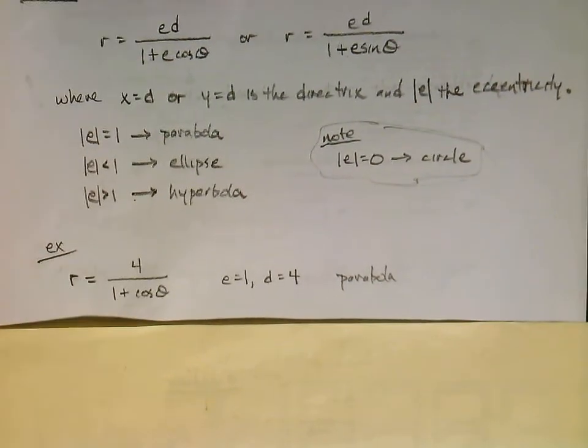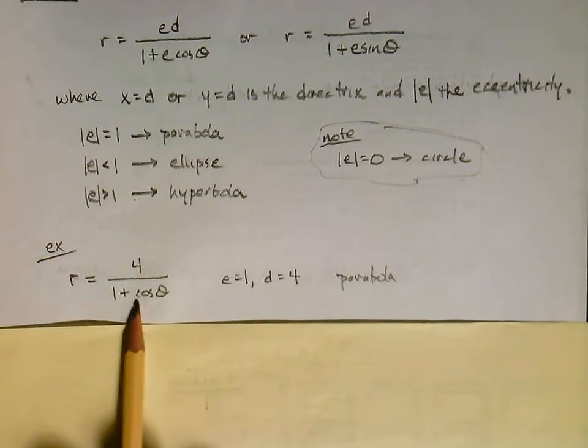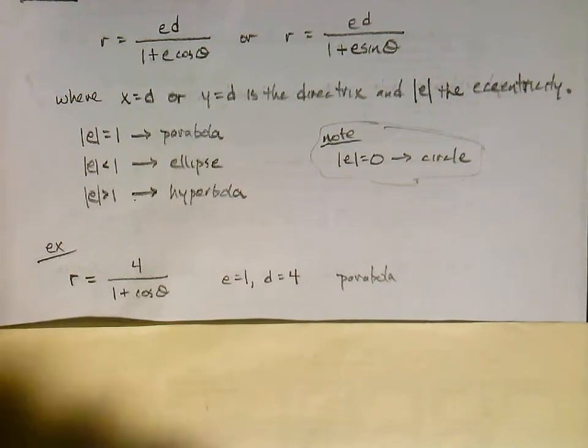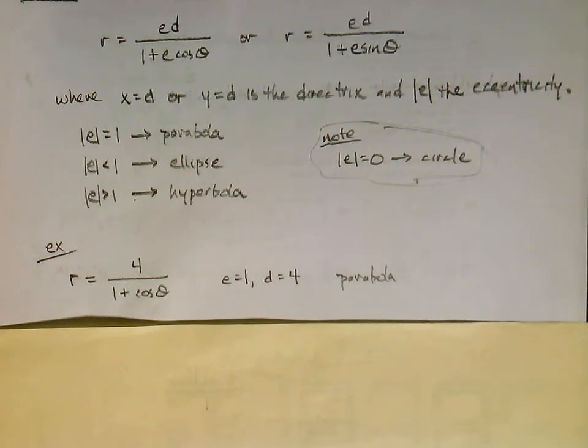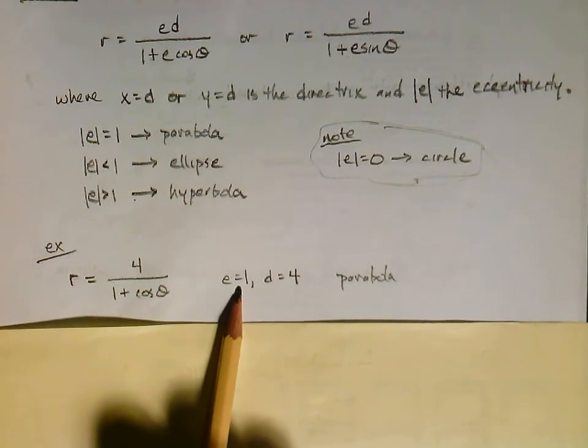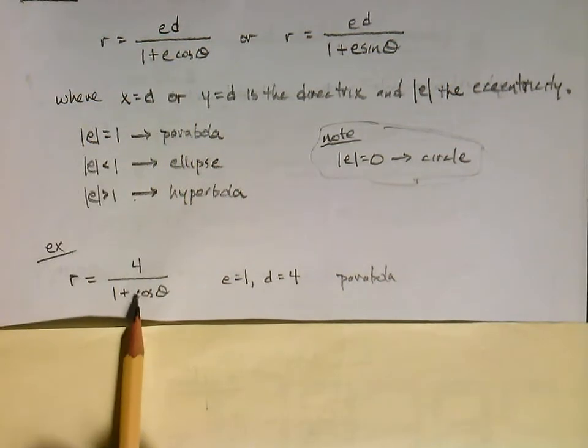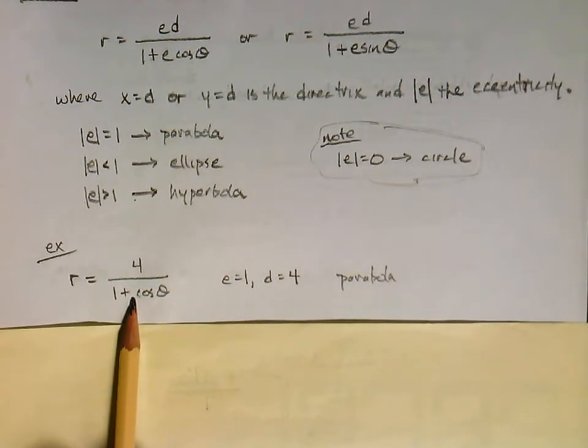All right. So we've got r equals 4 over 1 plus cosine theta. So clearly we're in this case. Let's find the values of e and d. Well, I already have them there on the page, but let's think about it. Identify the e first. The e is easier because it's always the coefficient of cosine theta. So here, of course, e equals 1.